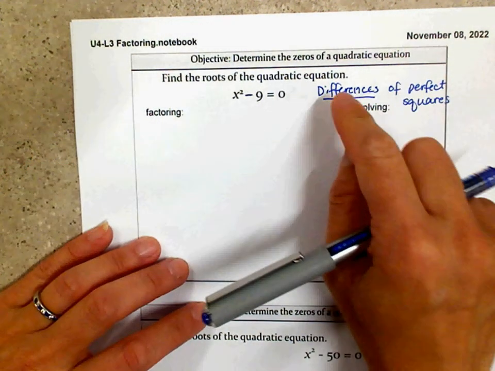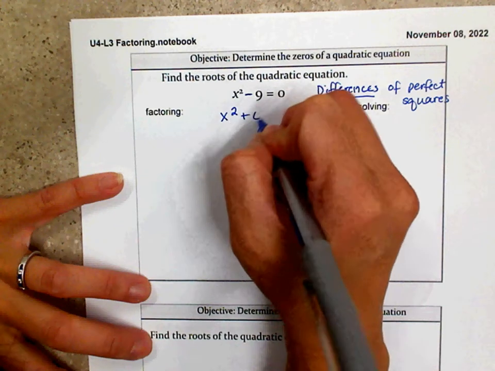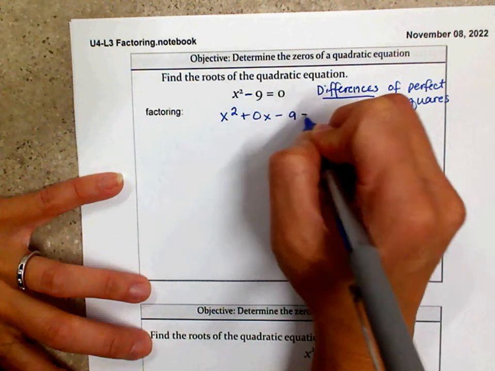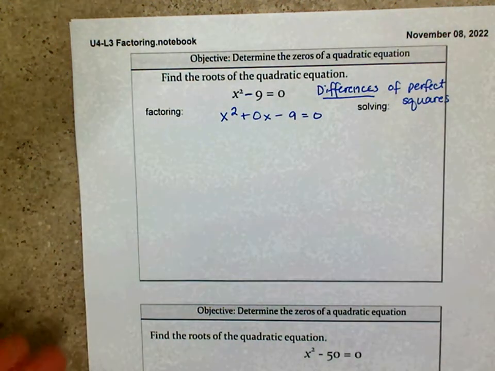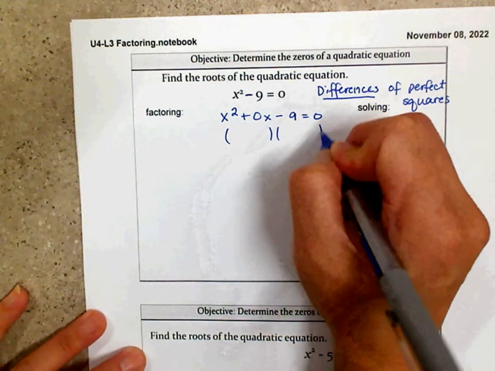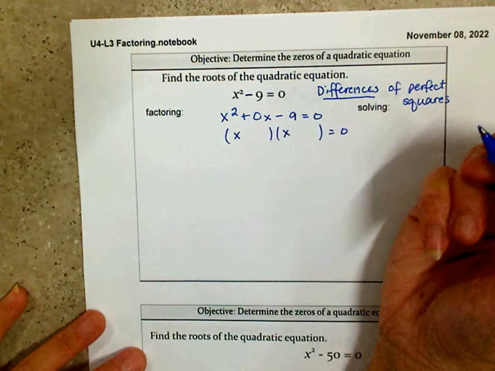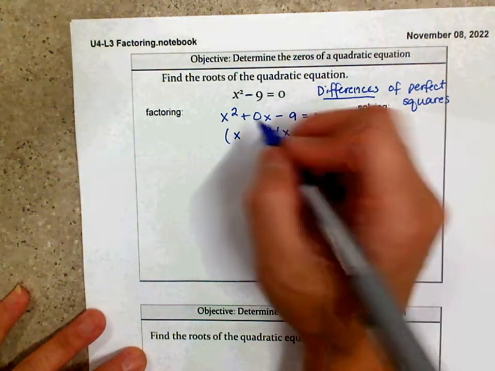Another way you would write this is x squared plus 0x minus 9 equals 0. And there are your three terms. So factors of x squared: x and x. Factors of 9 that are going to subtract to give you 0: minus 3, plus 3.